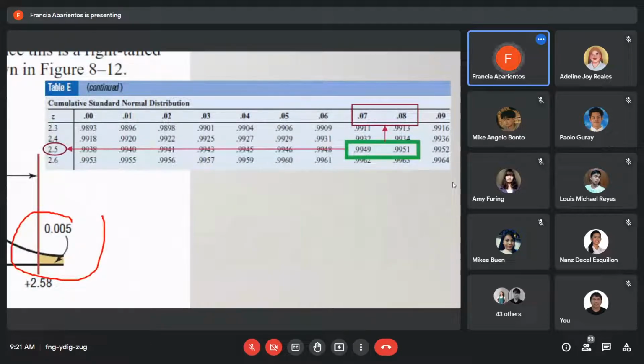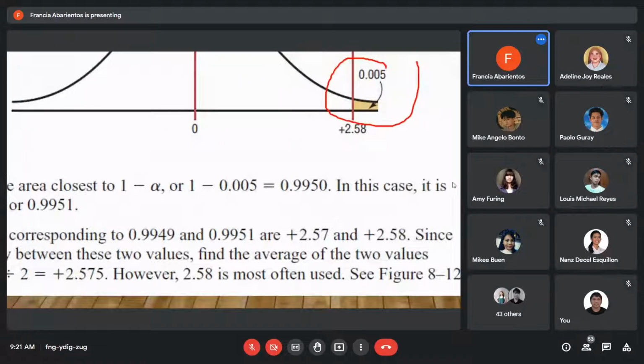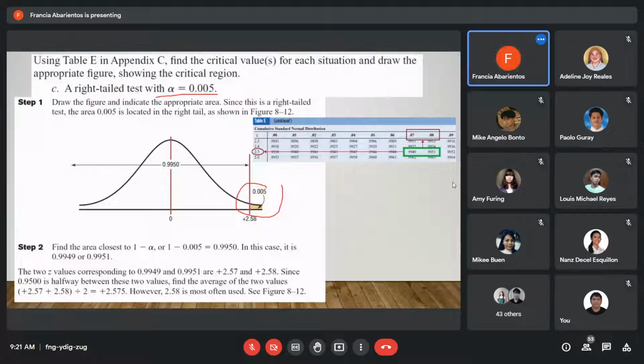So, dalawa yan. So, which is which? Ano yung gagawin mo? So, find the area closest to the 1 minus alpha. Pag in the right tail test class, 0.95. But wala naman dito. So, in between siya dito. The 0.9949 and 0.9951.